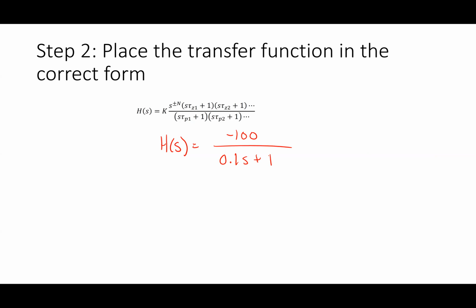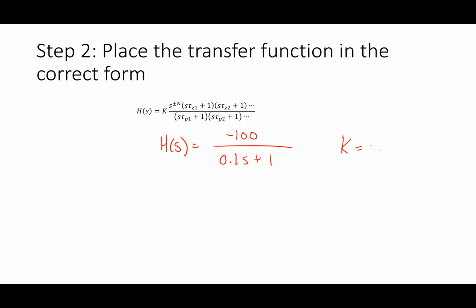Okay. In other words, it doesn't have to have S to the power of something. It doesn't have to have any tau. It doesn't have to have that stuff, right? So in this case, I've got tau Z1 equal to 0 and tau Z2 equal to 0, and N is equal to 0. All right. So this is what I've got. So what do I have here? I've got a pole and a gain K, a multiplier K. What's K equal to here?